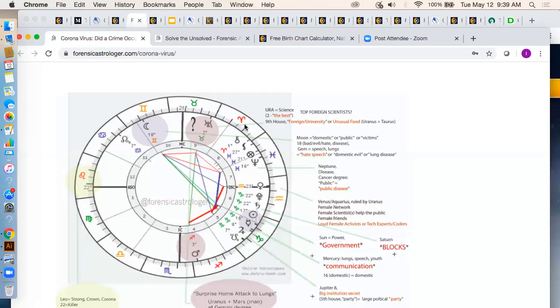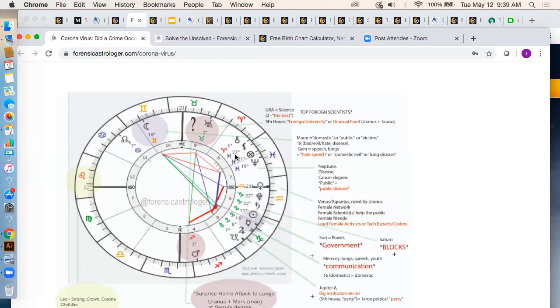So then we're going to go to the Black Moon Lilith, often associated with the killer's desire, or the desire to kill. And that can be hidden communication because of Pisces. The Gemini degree, which is 27, could also mean that it's a local. Gemini means local.